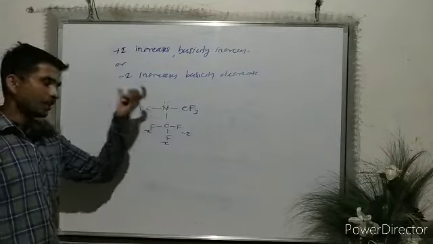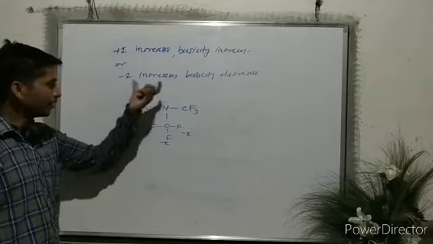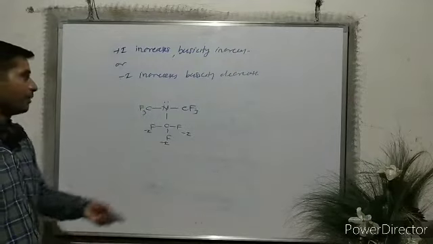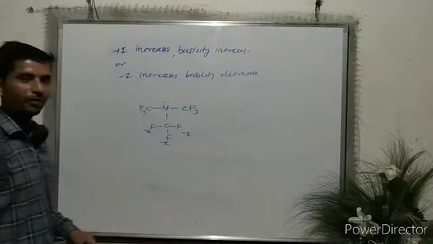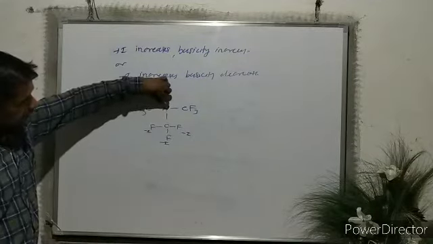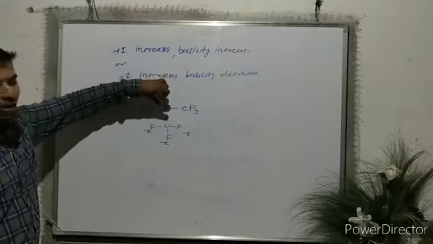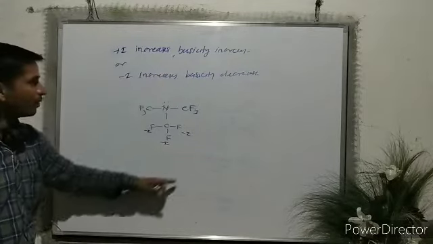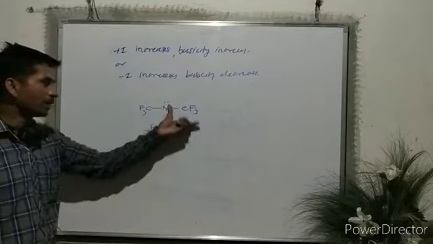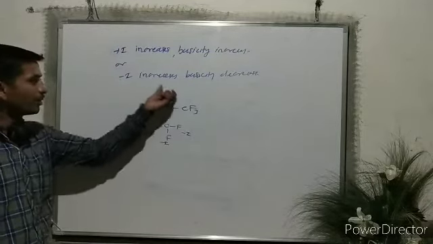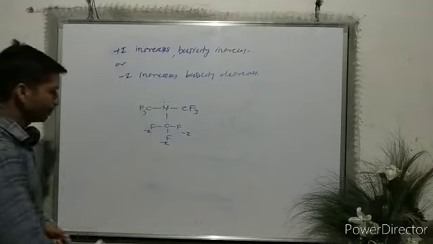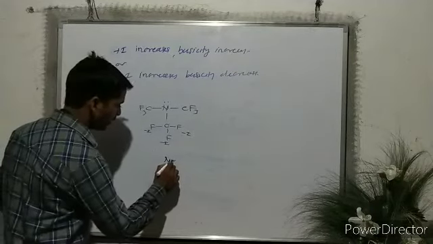Here, the 9 fluorine atoms make a strong minus I effect, which decreases the availability of the lone pair of electrons. Even though there is an electron pair, it is not available for donation because of the 9 fluorine atoms having a strong minus I effect. So this compound, even though it contains a lone pair of electrons, is a neutral compound.